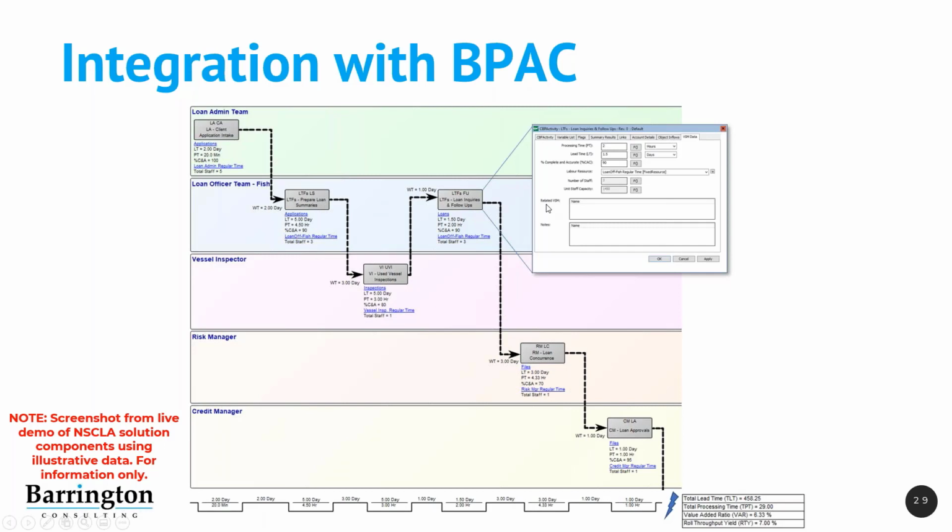As you can see, the benefit of doing this in the software is all these calculations: the timeline here, the total processing time, the total lead time, the value added ratio, and even your rolled throughput yield, which is the product of all of your complete and accuracy ratings. That is a measure of how often a loan goes through this process complete and accurate without any rework.